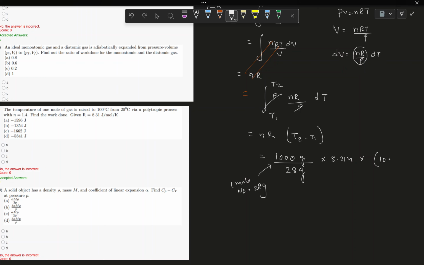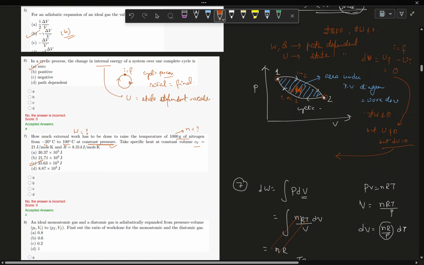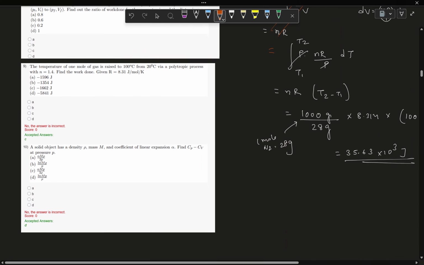So simply from minus 20 to 100, the change in temperature is 120. If you multiply everything, you will get 35.63 into 10 to the power 3 joule. So this is your final answer. We have obtained the final answer. This is option number C, marked.